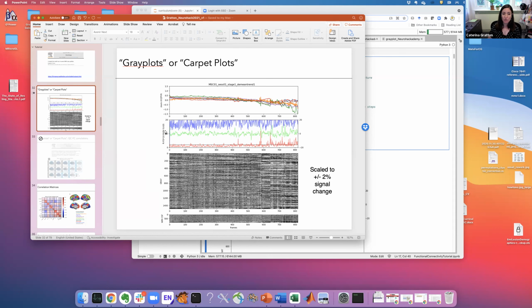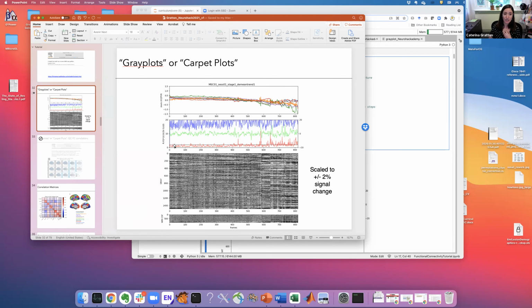The other things that you can play around with on this plot are the things that you put on top, which are usually some measure of artifacts or data quality that you might want to compare against. In the case of the ones that I'll have you plot, I have the original 6 motion parameters plotted here. And below that, I have 3 common metrics that are used for data quality.